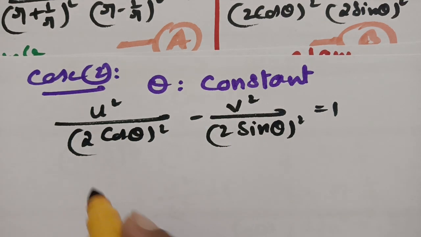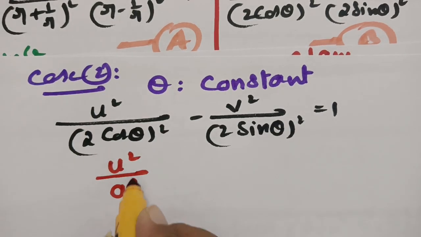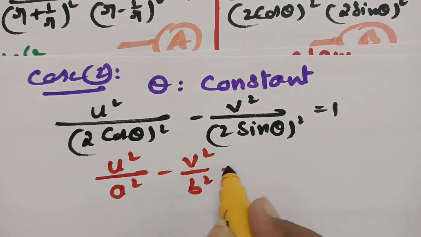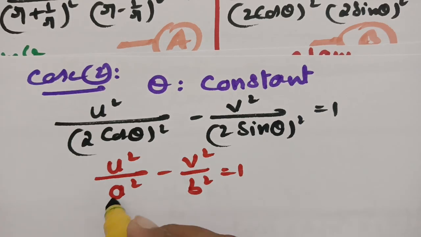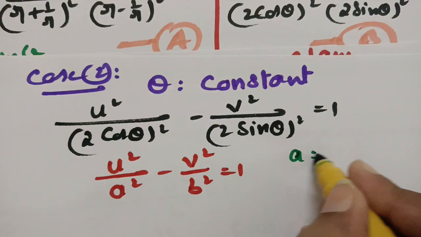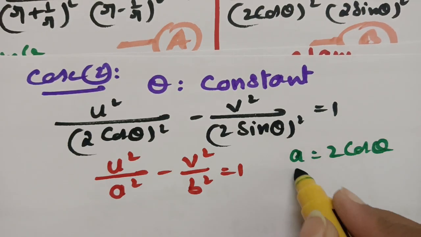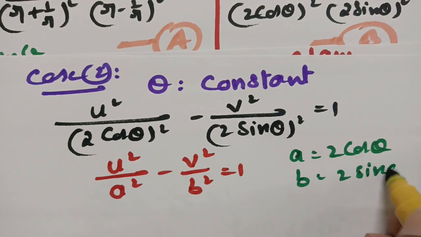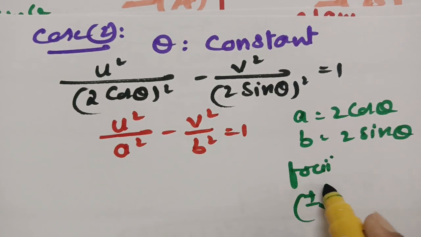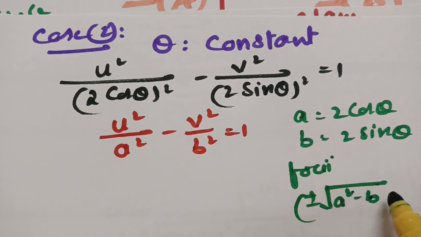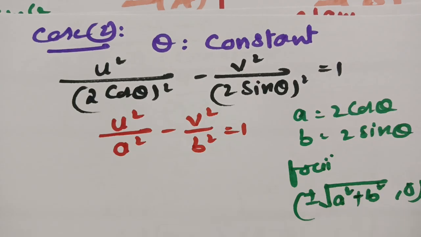So this can be written as u square by a square minus v square by b square is equal to 1, where a is equal to 2 cos theta and b is equal to 2 sin theta, on comparing. And what will be the foci here? Plus or minus root over a square plus b square comma 0.